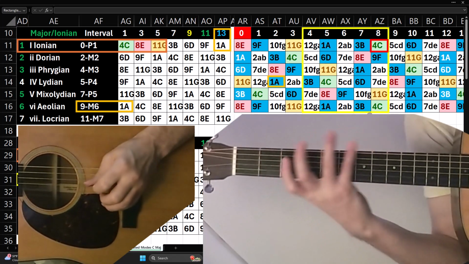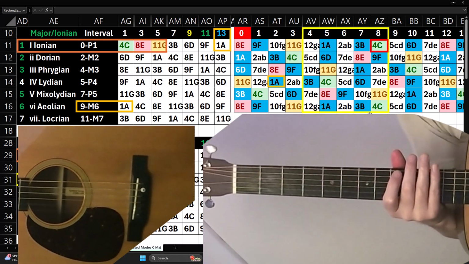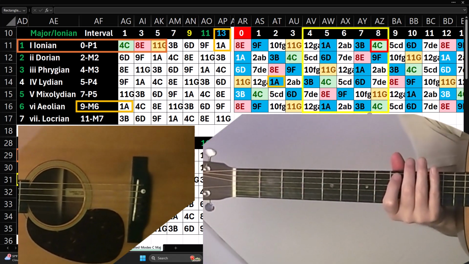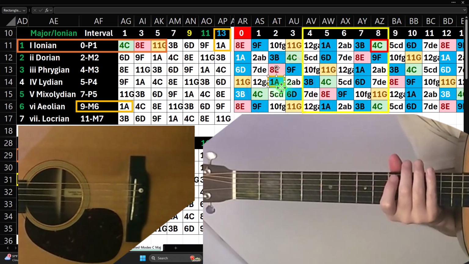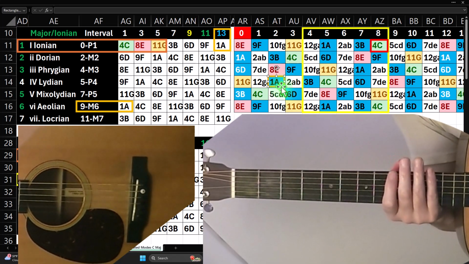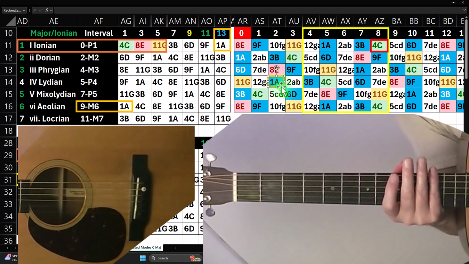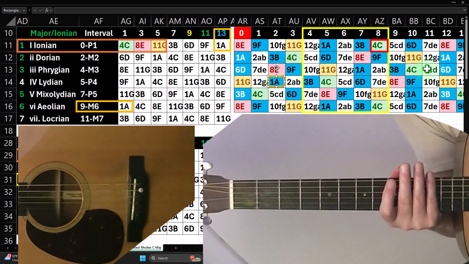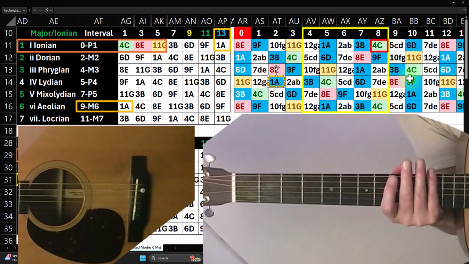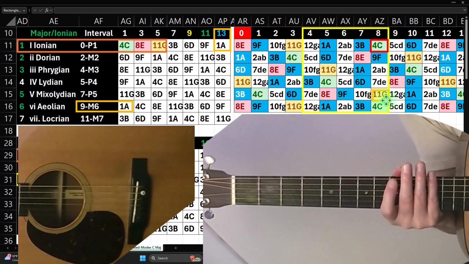So that's not really reachable. But there it is, just so we know. So that one's the one where you're going to say, why am I doing that? That's not a reachable one. There's only going to be one that's 6 frets away, which is basically unreachable, and that's 6 frets away on both sides because there's 12 notes. So that's unusual.